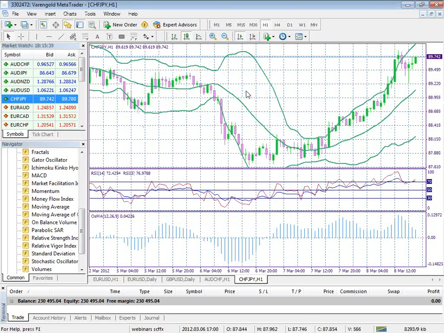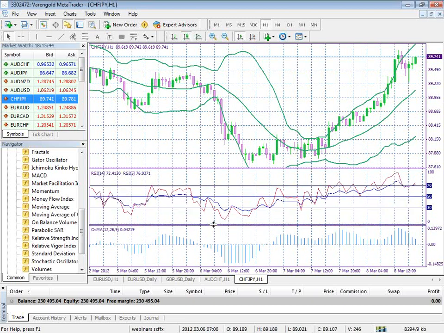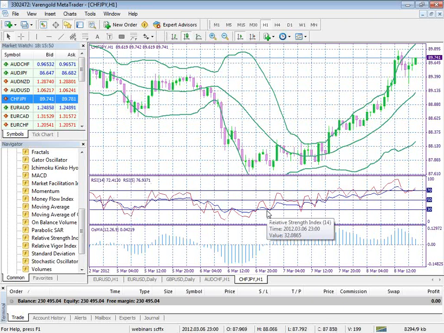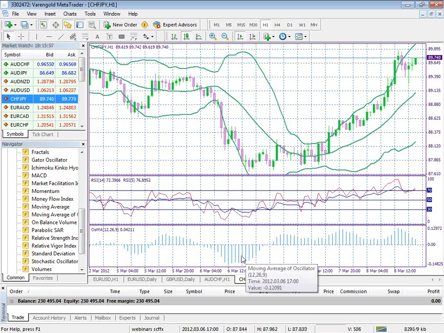If I click on the platform, I will have the oscillator of moving average down, and I will have the cross of RSI in the window above. But it will take too much space from the chart, and this is why I prefer to put it in the same window.